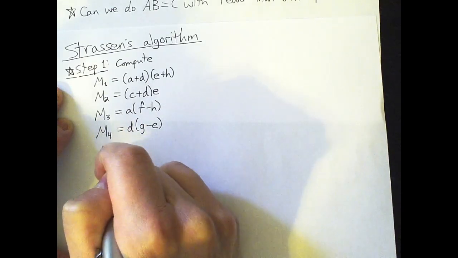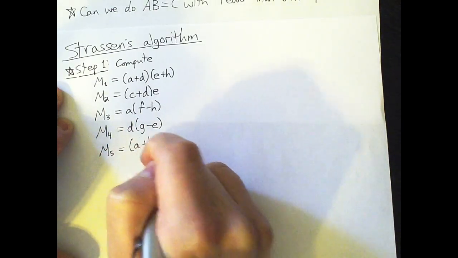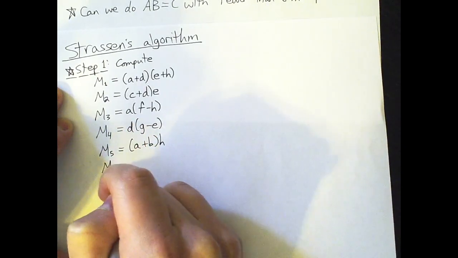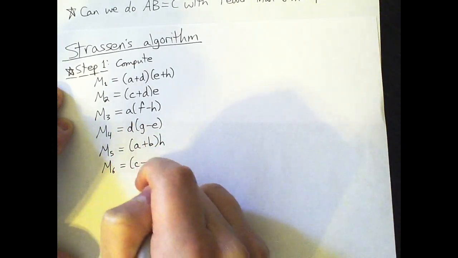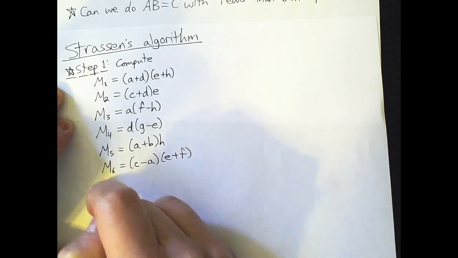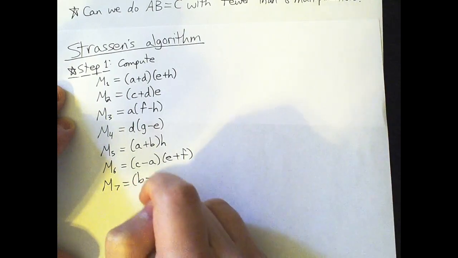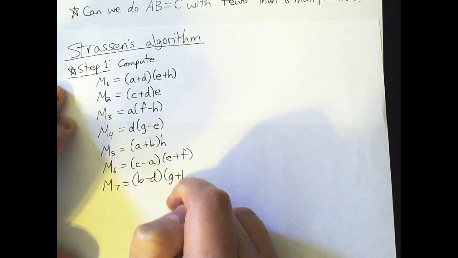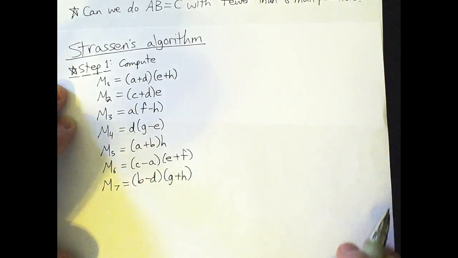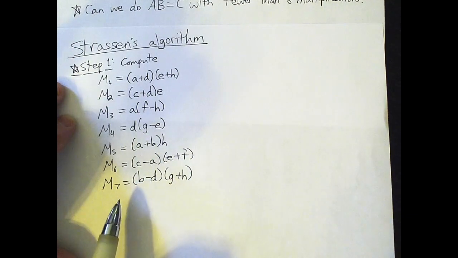I certainly don't have these memorized, so I have to refer to the paper. M6 equals (C minus A) times (E plus F). M7, (B minus D) times (G plus H). So step one is compute all of these. We're assuming that we know what the matrix A is and we know what the matrix B is, so we can compute all of these.